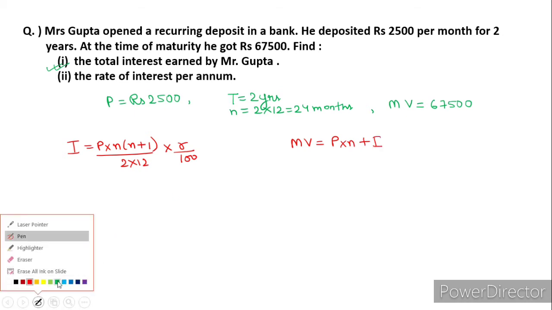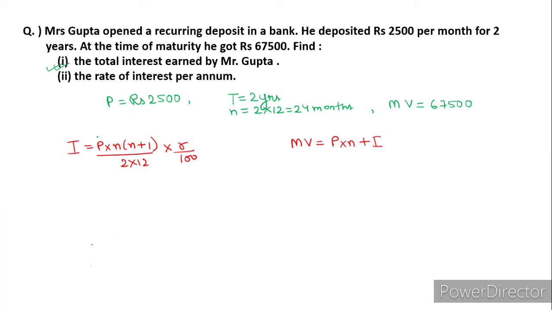P is given, 2500, N is 24 months, N is given here. Rate is not given, so we cannot find out the interest now. Therefore, we'll move on to the second equation. Here maturity value is given, P is given, N is given. So we can find out I from this equation.